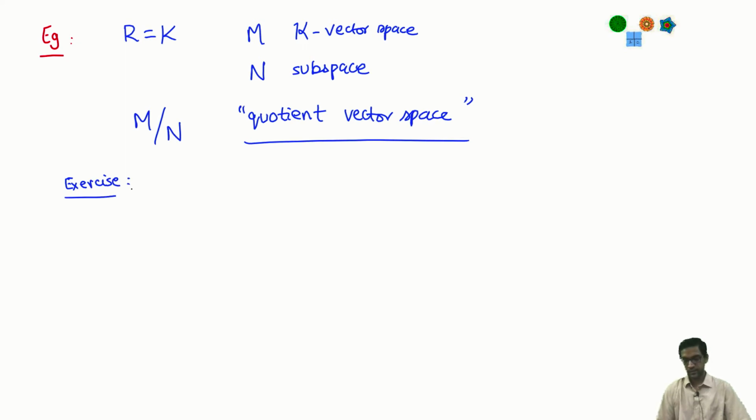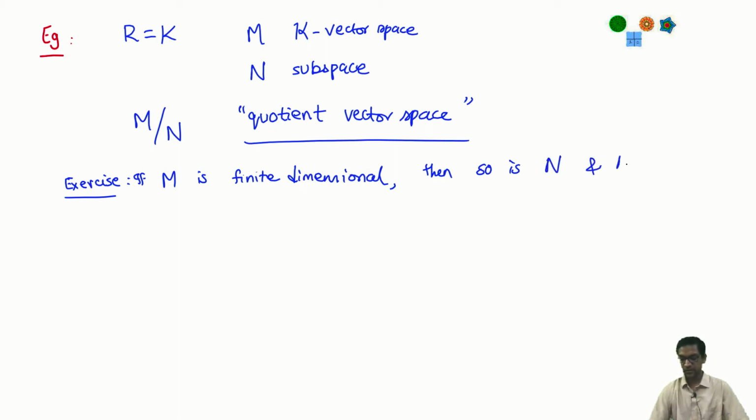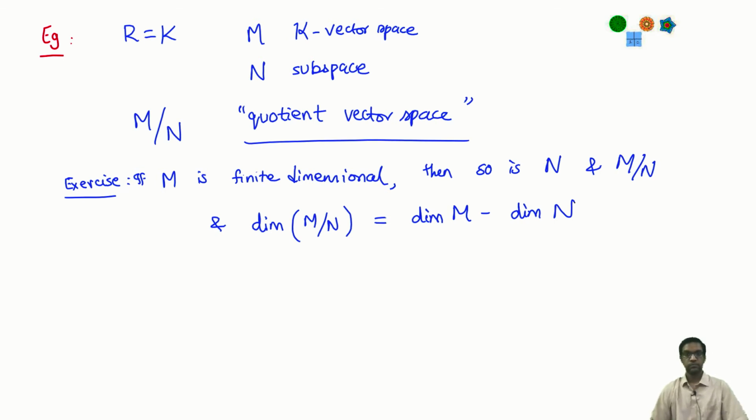Maybe an exercise, if you have seen this before; if not, we'll do it during one of the problem sessions. If M is finite dimensional as a vector space over K, then in fact so is N, any subspace is finite dimensional, and of course so is the quotient, and we have the following nice relationship: the dimension of the quotient as a vector space is the dimension of M minus the dimension of N. Just try proving this using the definitions.